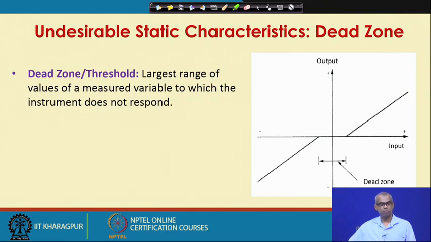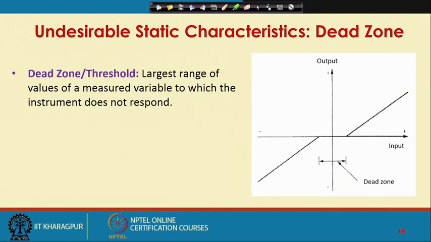Dead zone is an undesirable static characteristic. It is the largest range of values of a measured variable to which the instrument does not respond. See, the instrument does not respond here. So, you have the input axis here, you have the output axis here.